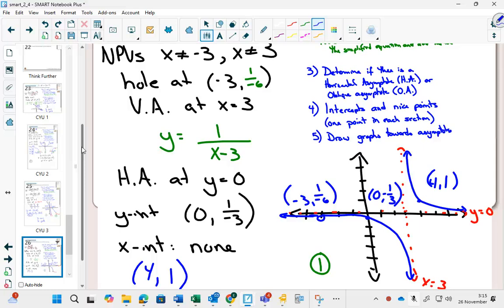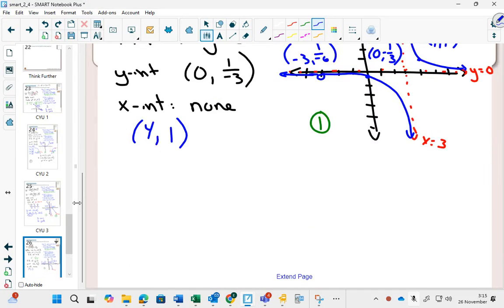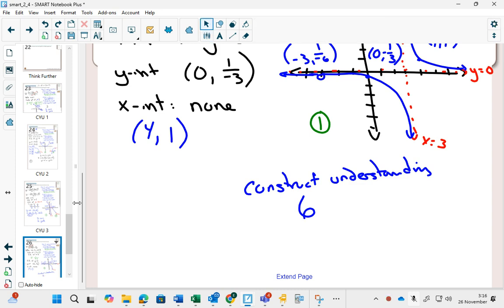The practice question that's similar is the one on the construct the understanding. And number 6 is good practice, but it actually doesn't have a hole like this one. It's a little bit different. But the construct the understanding is really good for this.